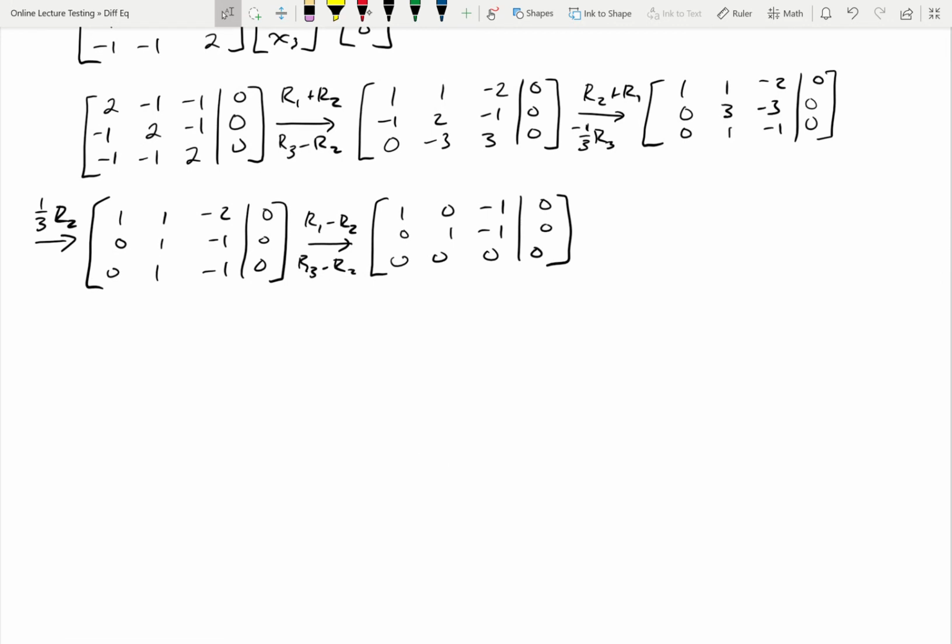Okay, so when we solve this, again in my row reduced form, I have positive 1, 0, negative 1, 0, 1, negative 1, 0, 0, 0 times x1, x2, x3.